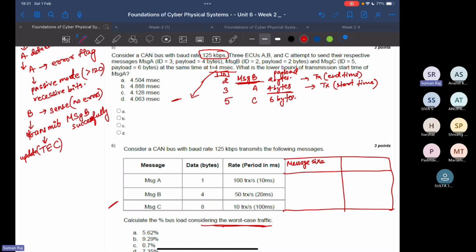It will start after 4 milliseconds of finishing of this, right? Because you need to send the message for this also. So you just have to add 4 millisecond to whatever your end time of this is. That's why it is asking the lower bound of transmission start time. Before that it is not going to start.